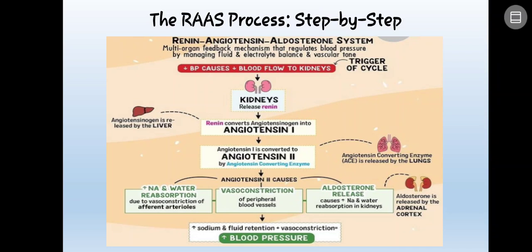Now listen very carefully. There are some specialized cells or mechanisms within the kidney that help detect the reduction in blood pressure in order for the process to be activated. These 3 mechanisms, the first one is the baroreceptors located in the afferent arterioles, the small arteries that supply blood to the glomerulus in your kidney.